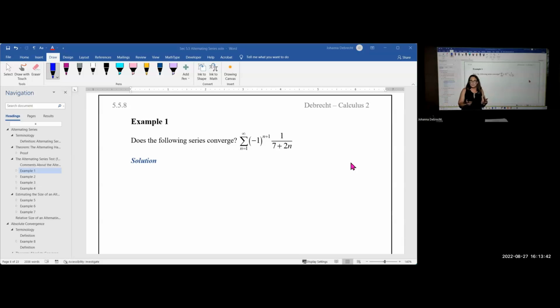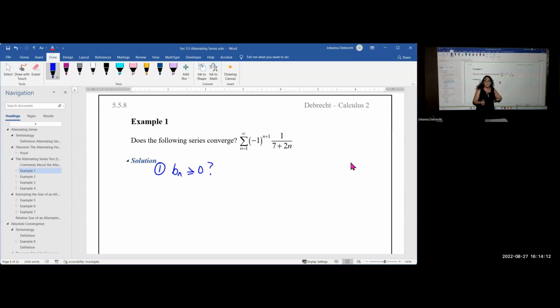Again, our choices with the alternating series test are it converges, we don't know, or it diverges by the divergence test. So first thing we want to check is, are the b sub n's eventually positive, eventually greater than or equal to 0? In this particular case, we're starting with n equal 1, and notice that the alternating behavior is given by the -1 to the n plus 1.